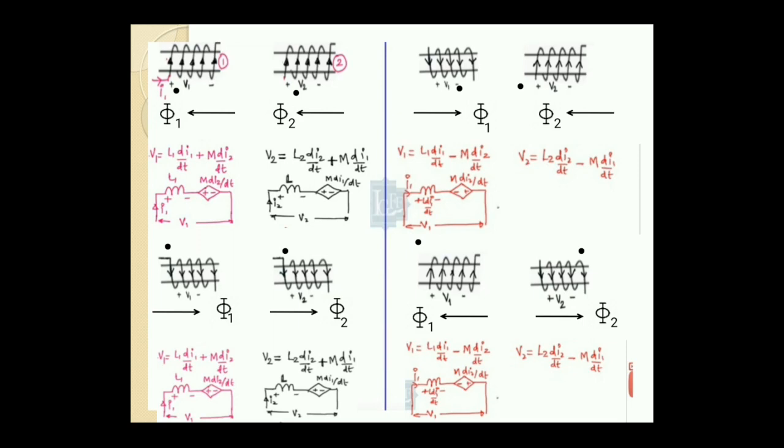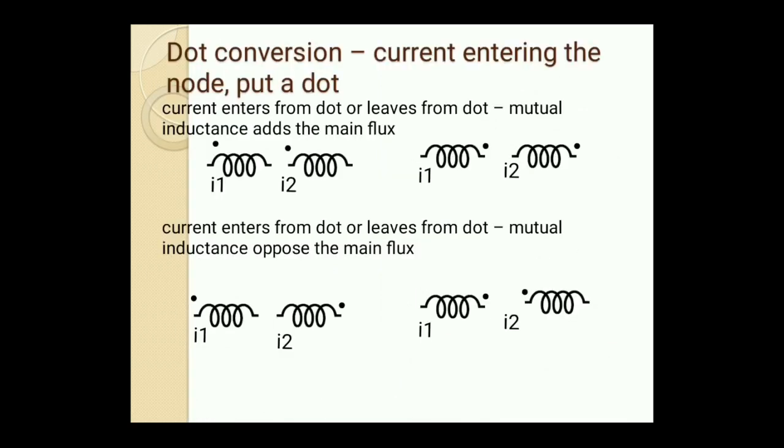In this case, we replace them with two inductors like this, and the direction of I1 and I2 like this, and current enters from the dot. And in the second case, like this, one more two inductors, here the current leaves from both the dots. So the mutual flux adds up to the main flux and the mutual induced EMF is positive.